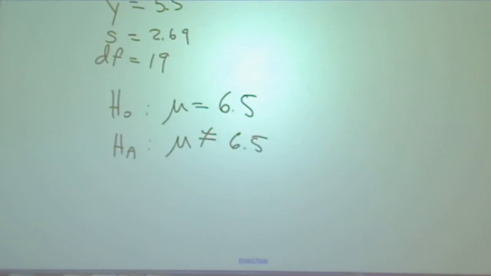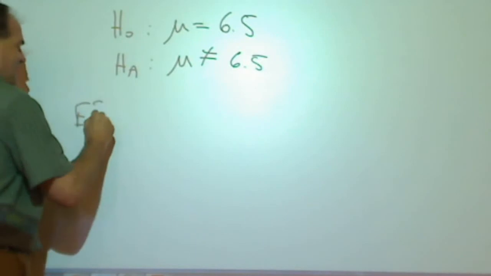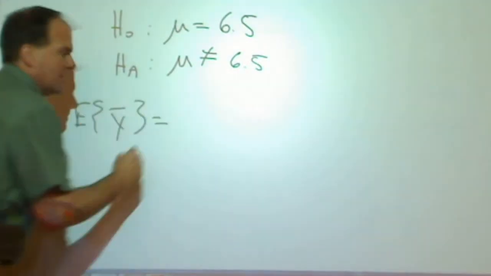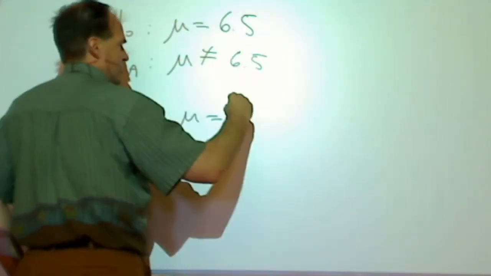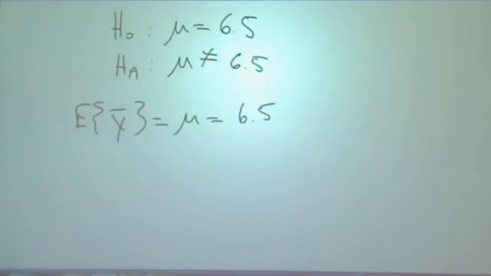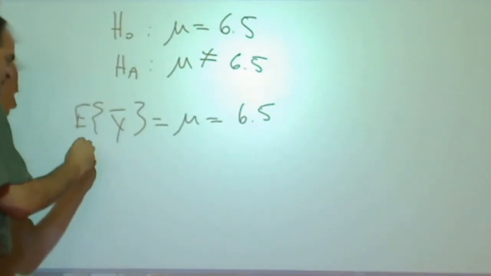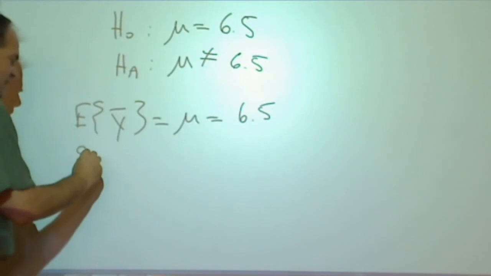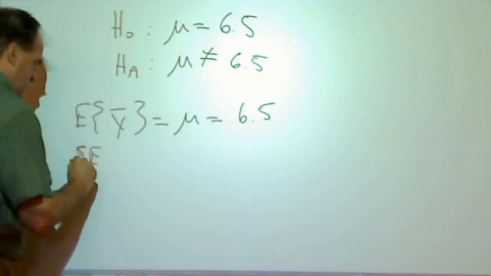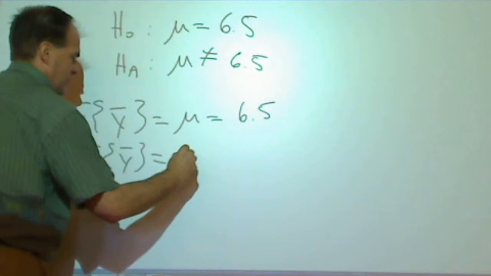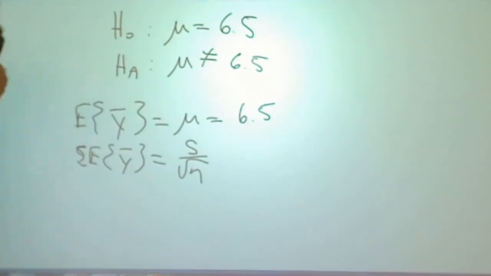So what do we do? Use the null. We get a model of what these means should look like. The average of our means is the population mean, and we're assuming it's 6.5. Those sample means are all not the same, so they have a standard error, which is s over the square root of n.